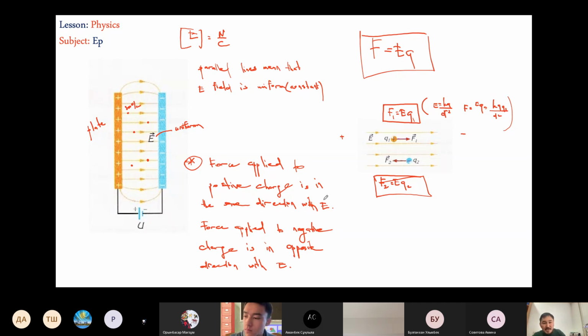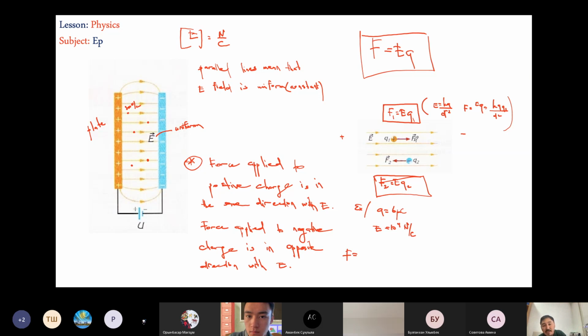Suppose that for simplicity, мысалы, my charge is about, for example, 6 microcoulombs. Indeed, that's microcoulombs. And the electric field is about 10 to the power 4, for example, Newton per coulomb. If I want to find the force applied on it, мына жерде плюс болған үшін бағыттас болады.